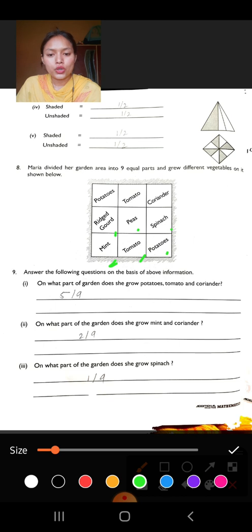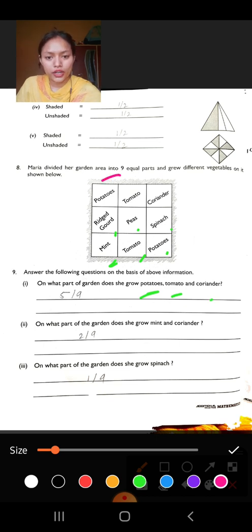Okay, so the first question is, on what part of the garden does she grow potatoes, tomatoes and coriander? You have to find where she has grown potatoes, tomatoes and coriander.